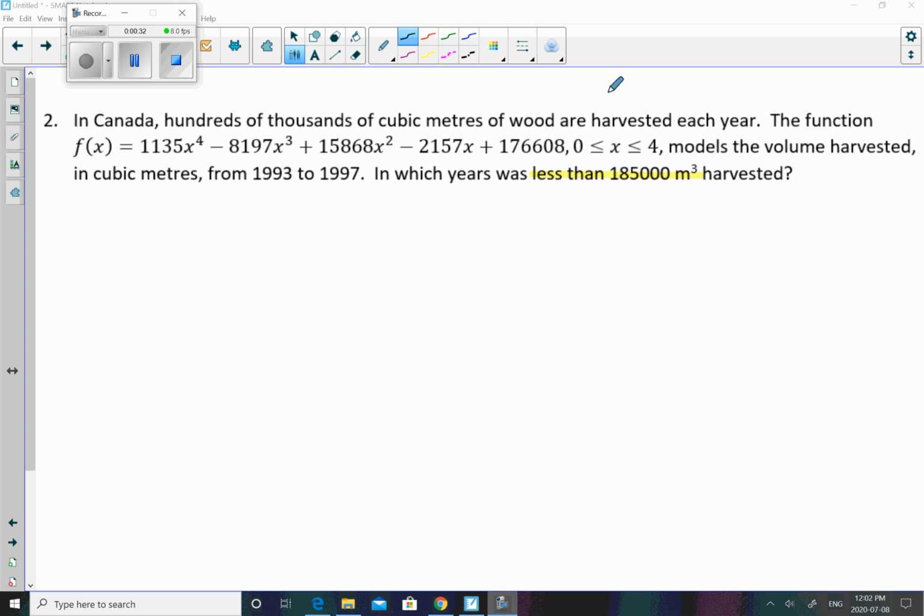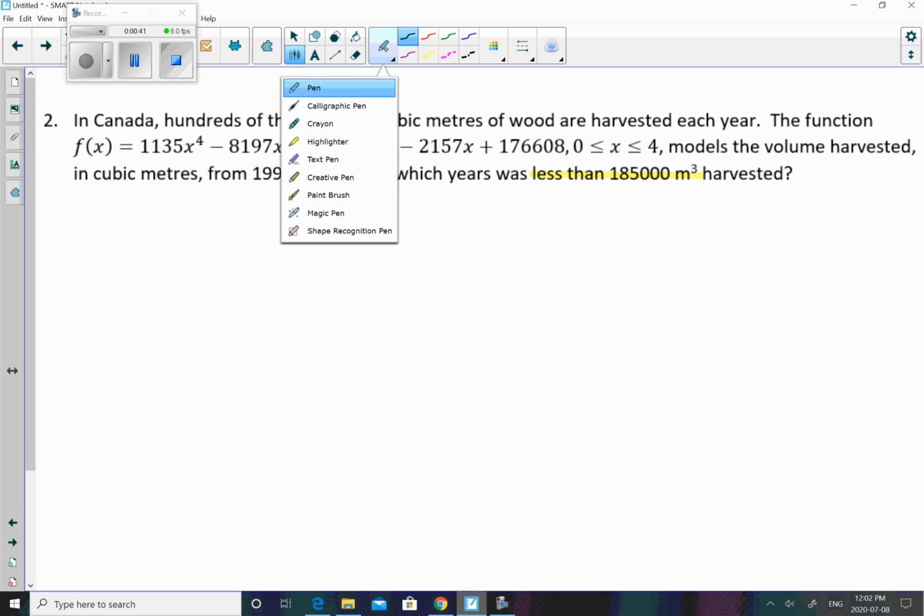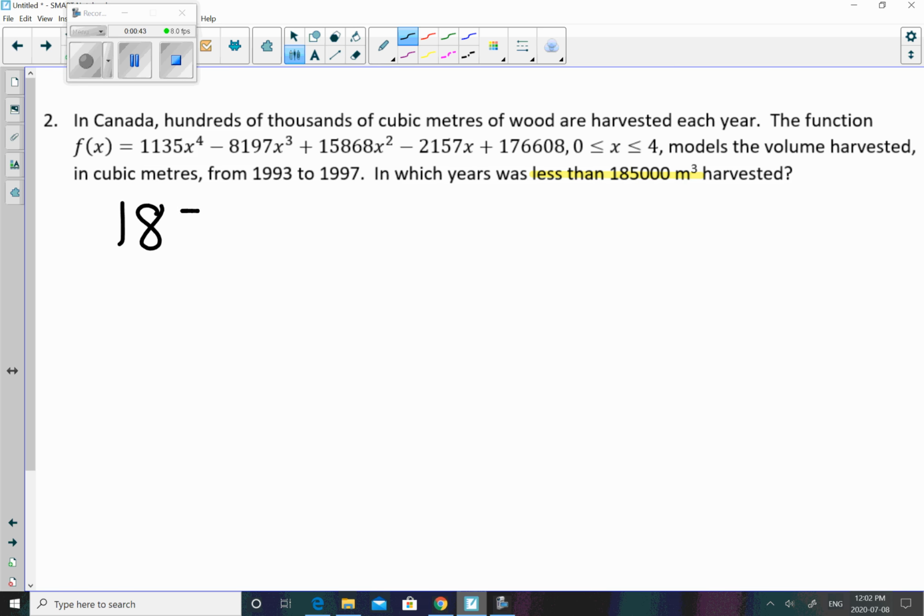So we want to know in which years was less than 185,000 meters cubed harvested. So we've dealt with inequalities before, so you might be thinking, well, I can put in 185,000 for f at x.